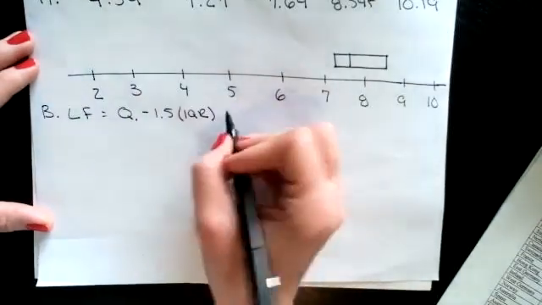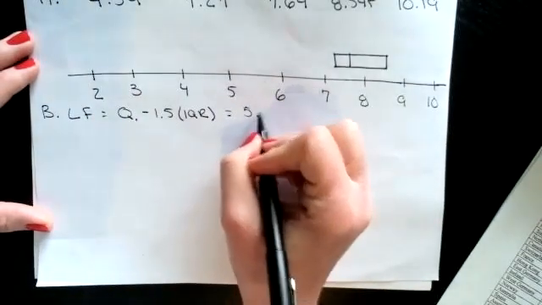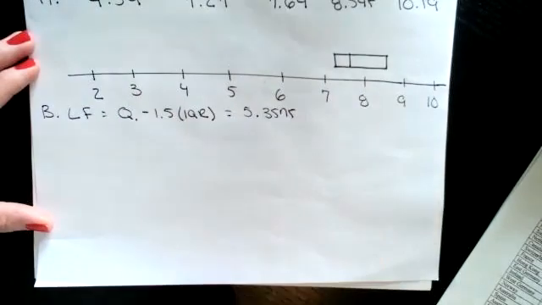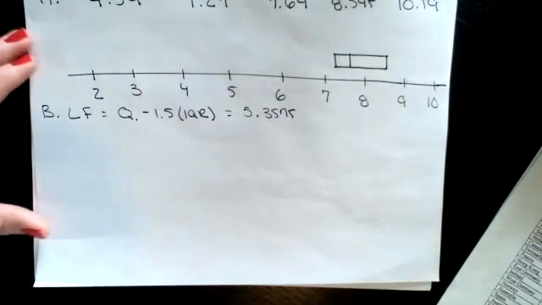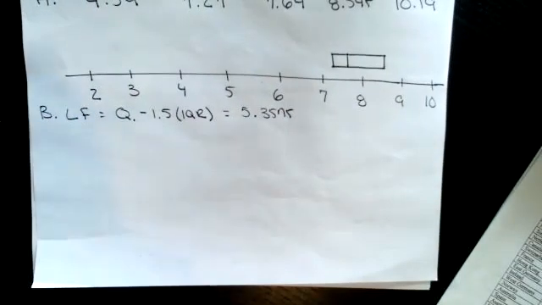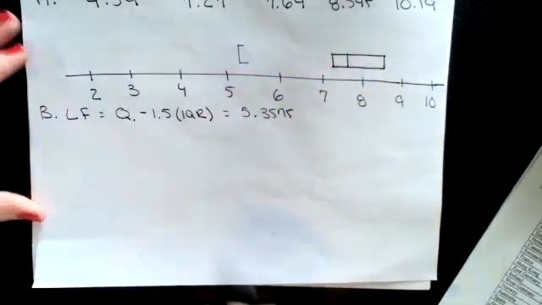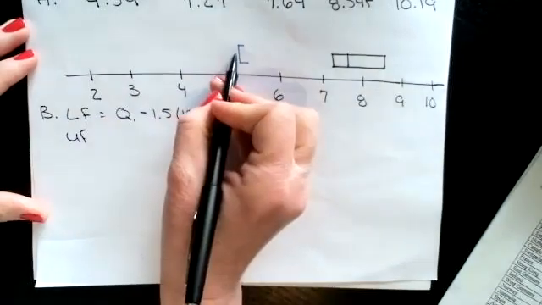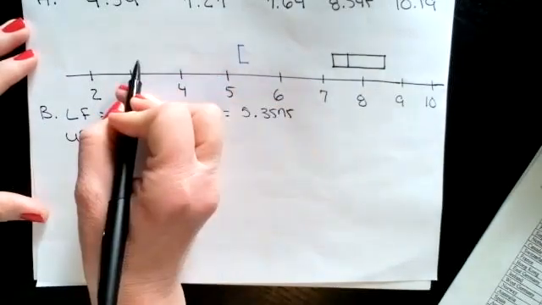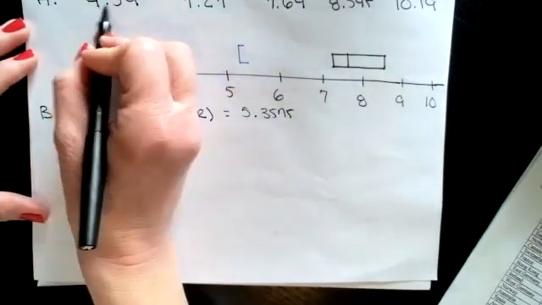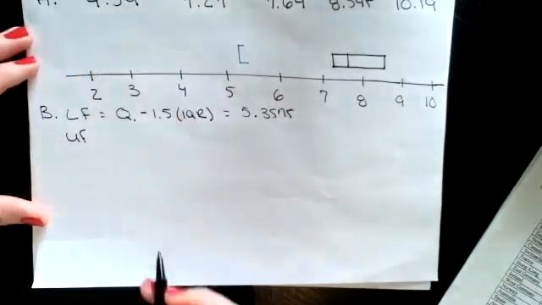When I plug these values in, I get a lower fence of 5.3575. So any number below this is an outlier. Look at that, that 4.5 definitely is an outlier.